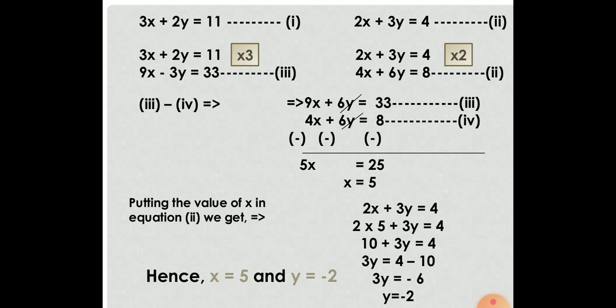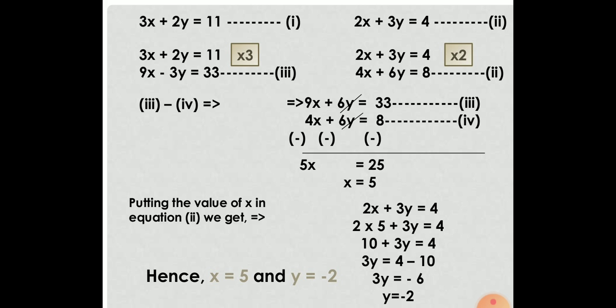If you multiply, you will get 9x plus 6y equal to 33 and 4x plus 6y equal to 8. Now if you subtract, the signs in the second equation will change, so 4x will be negative, 6y will be negative, and 8 will be negative. So 6y and minus 6y will cancel, and you will get 9x minus 4x equal to 5x.